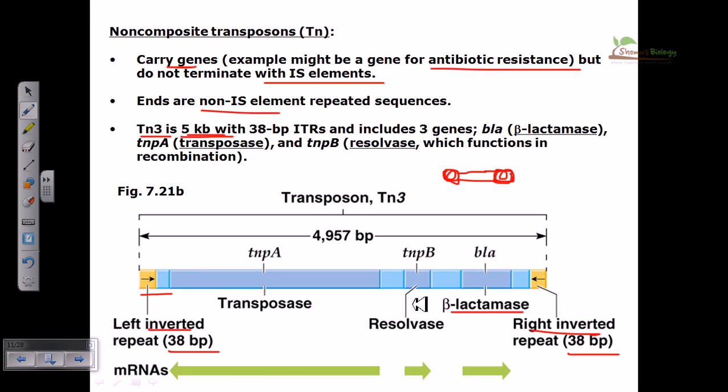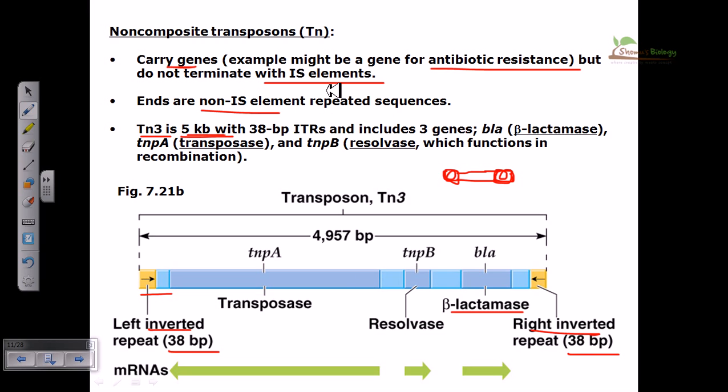That's the second characteristic here, which is a pretty small region, and the rest of the region, typically like 4957 BP or 4.95 or 4.96 kb, consists of all the different types of genes.